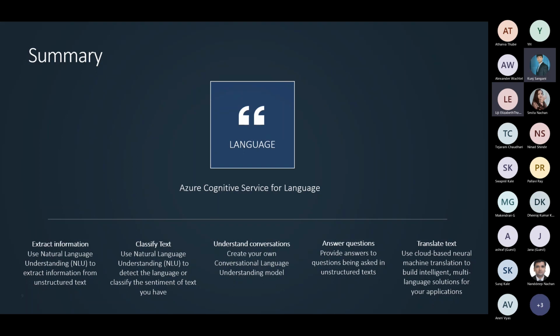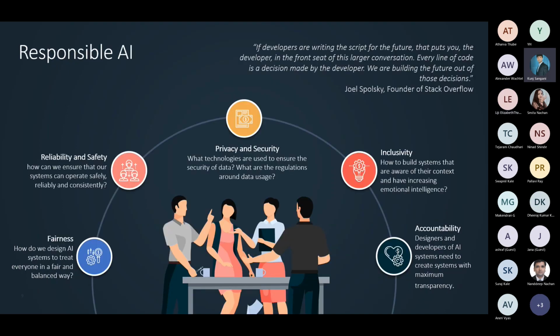And now specifically, I know we deep dived into language. I do want to say, though, that all the others, like vision, speech, and decision, have equally powerful AI capabilities. So please feel free to explore each of those depending on your specific use case.